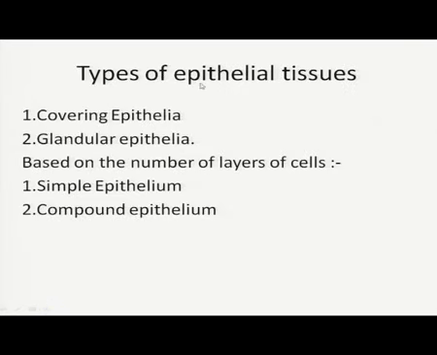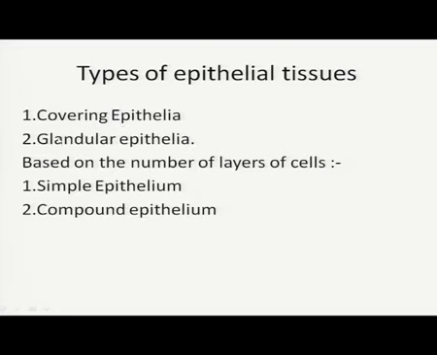Now, types of epithelial tissues. What are the different types of epithelial tissues? First, we can include this epithelial tissue into 2 major groups. The one is covering epithelial tissue. It will cover and protect the different body parts, organs.